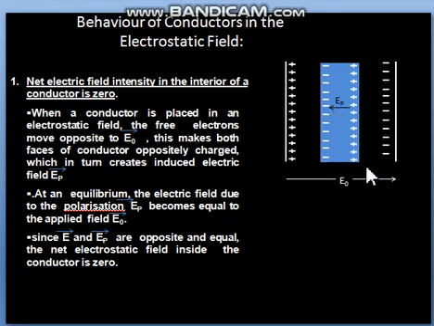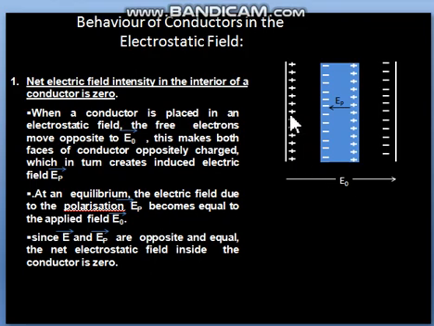Directions are opposite but magnitudes are equal. Whenever two vectors are equal and opposite, their net resultant is found by subtracting the two, so the net electric field is 0. That's why the net electric field intensity in the interior of the conductor is 0.